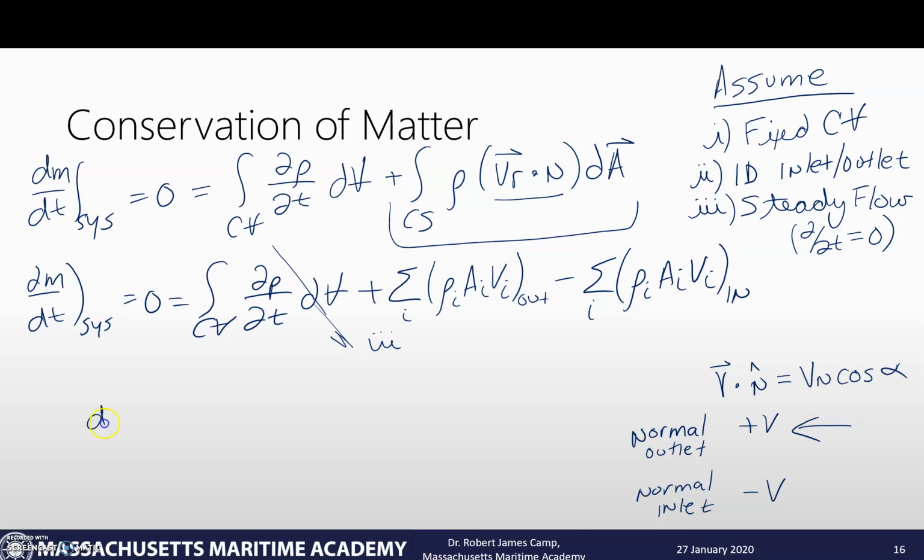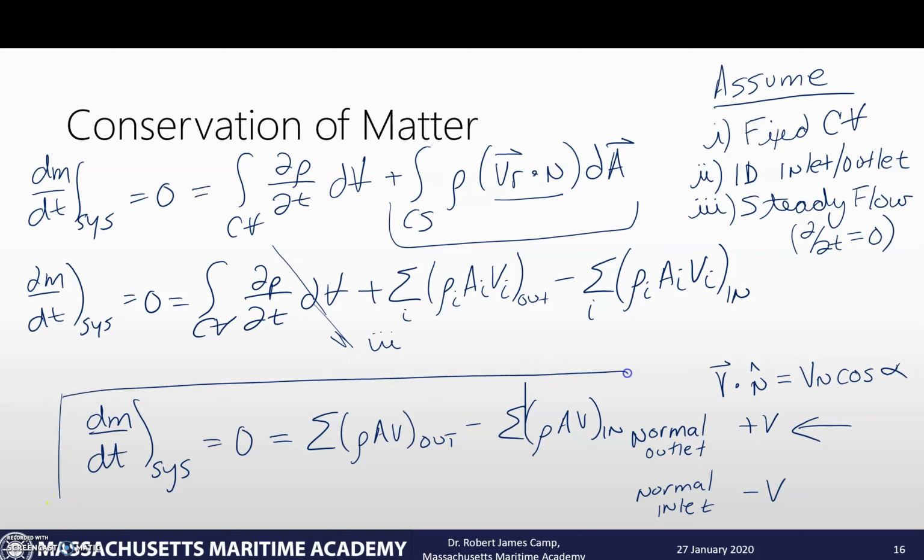And so what you're going to be left with is the change in mass of the system is going to be 0, and we're just left with that sum of rho AV out minus rho AV in. Now this is the basic formulation of conservation of mass when you make those 3 assumptions. If you don't make those 3 assumptions, you have to go back and solve the original equation that we started out with.